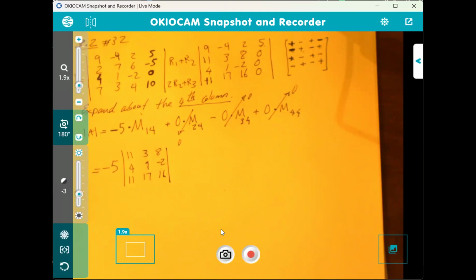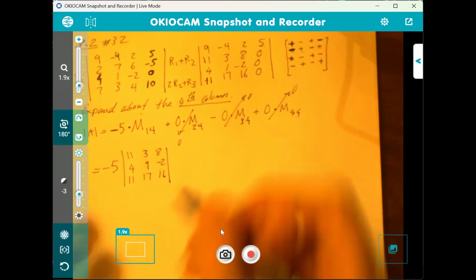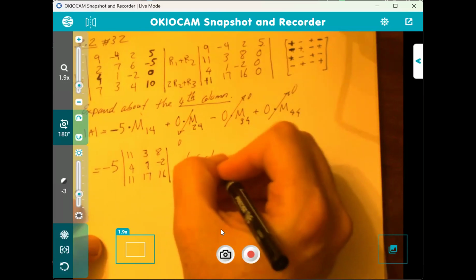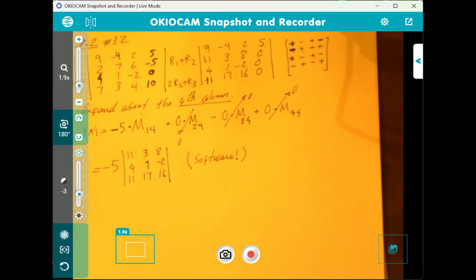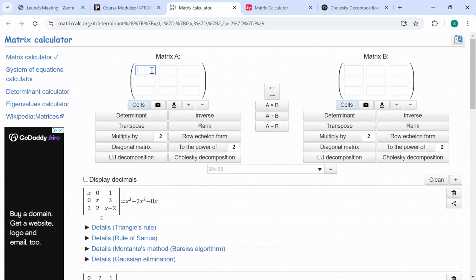Now I have to find that 3 by 3. So we don't have to spend too much time on this, I'm just going to use software on that one. And I'm going to share with you what I'm doing here. I'm going to go to our matrix calculator. Share, and here I am. Let's clear this. So I'm going to put the 3 by 3. 11, 3, 8, 4, 1, negative 2.